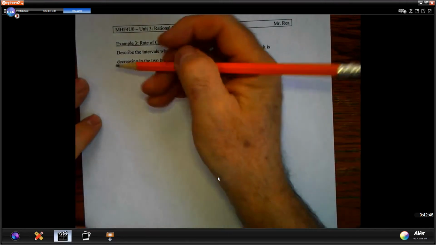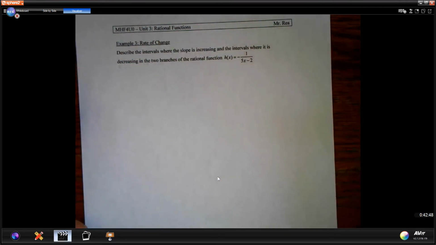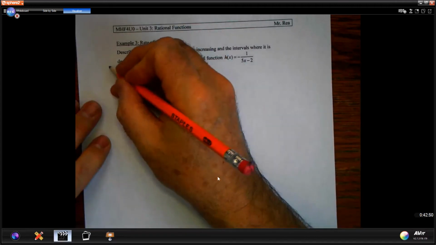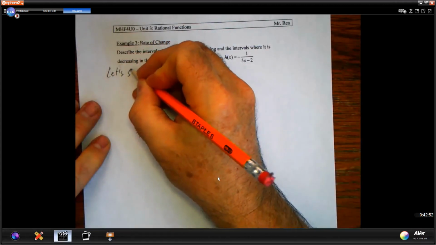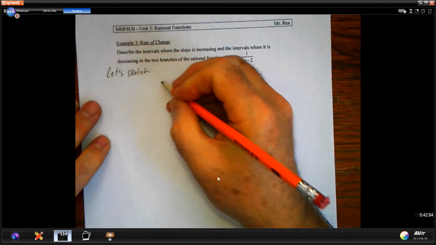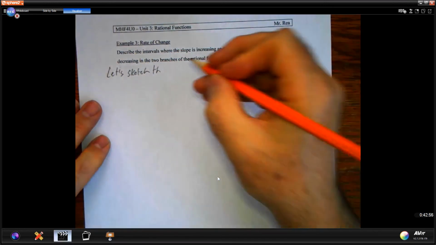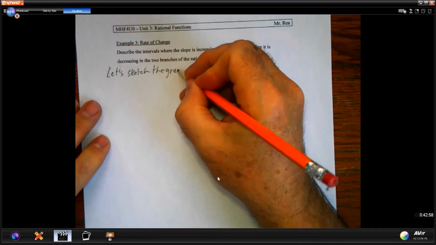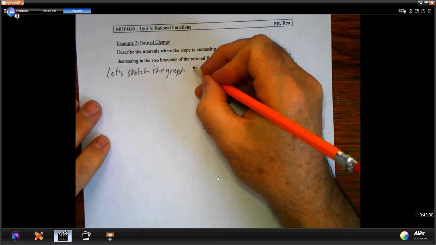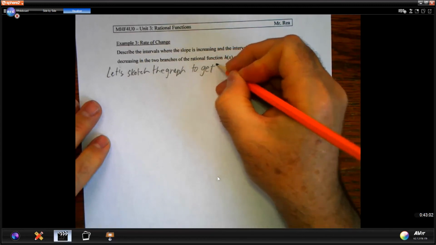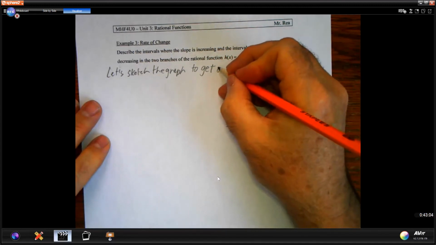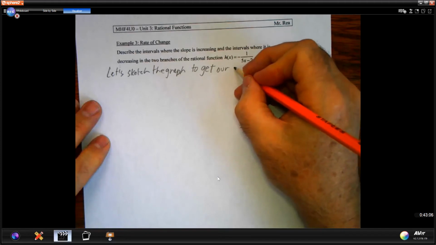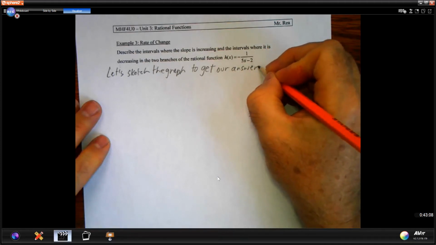So I have no idea what this graph looks like. So let's sketch the graph to get our answer. Once we see what the graph looks like, we can just make our deduction visually.